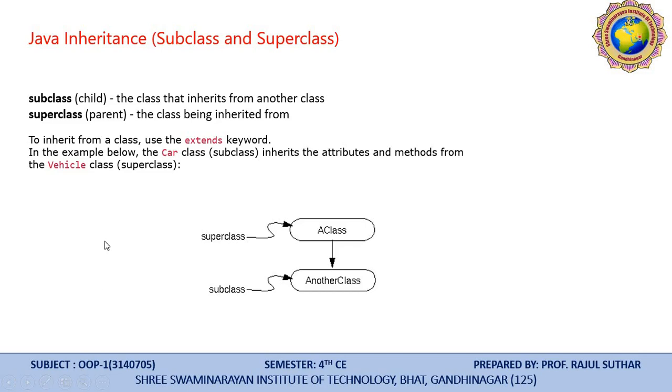So for that relationship, Car is a subclass and Vehicle is the superclass that passes its properties to the subclass.